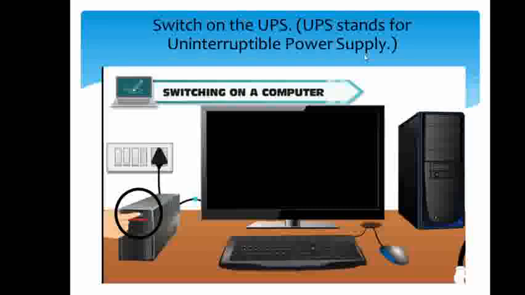At least as the electricity goes off, you have some time to close all the applications and shut down the computer. Since computers are connected to the UPS, electricity will flow to all the different parts of the computer.